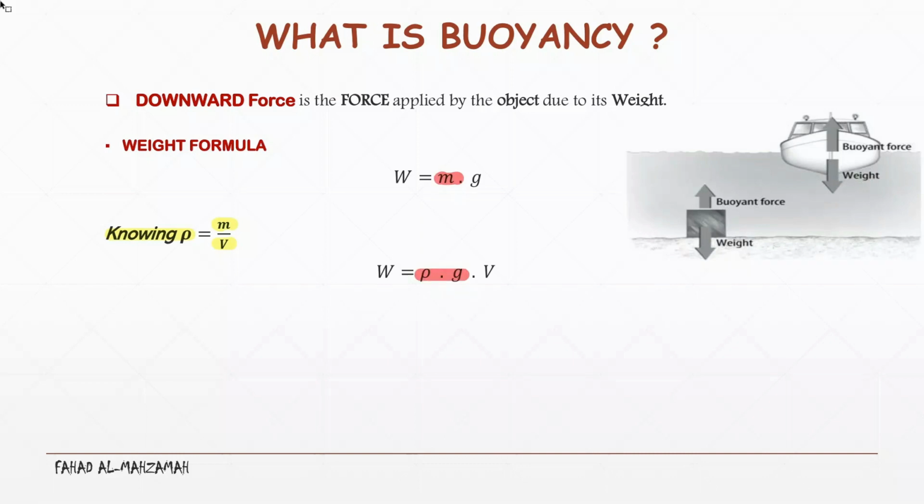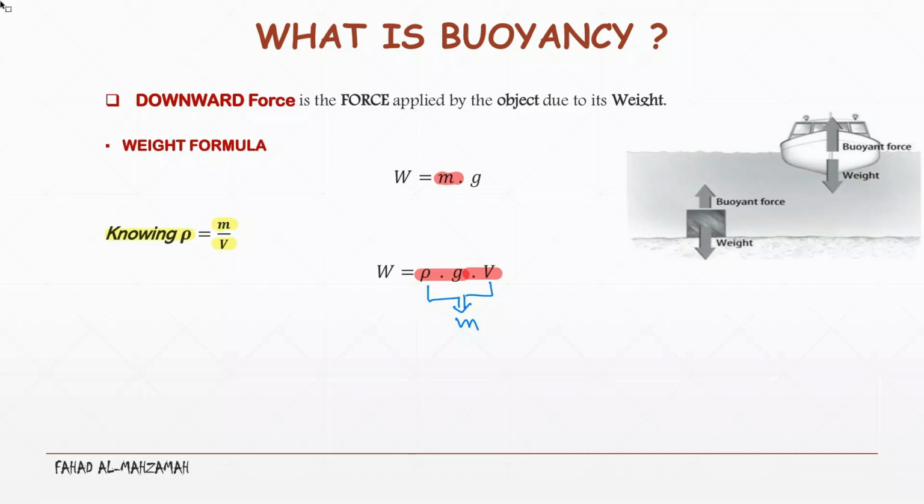So mass is equal to density multiplied by volume, and then multiplied by acceleration of gravity.